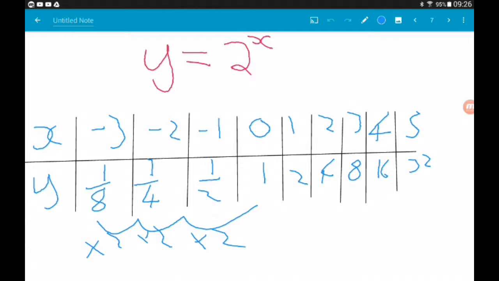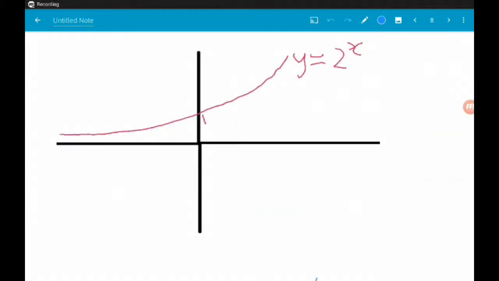So what we're going to do now is take a look at the graph of this guy. Okay, so here's how our graph is going to look. Now this is representative really of all exponential graphs. On the next page we'll have a look at comparing two different values of a, but if ever you're asked to sketch these guys, something that looks like this would be absolutely fine as long as a is greater than 1.